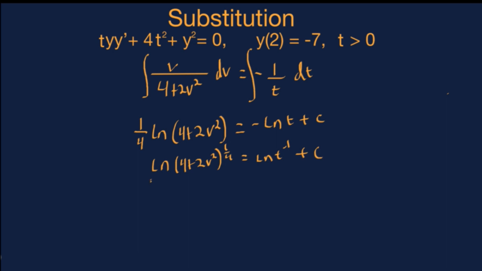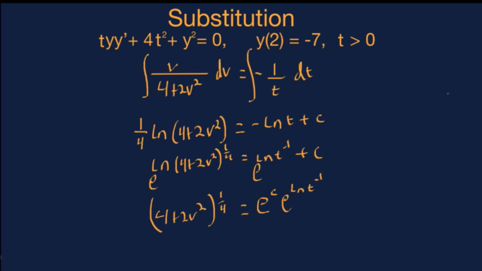And then when we exponentiate both sides, we get on the left side just 4 plus 2v squared raised to 1/4, and on the right side we would get e raised to the power of c times e raised to the natural log of t to the negative 1.